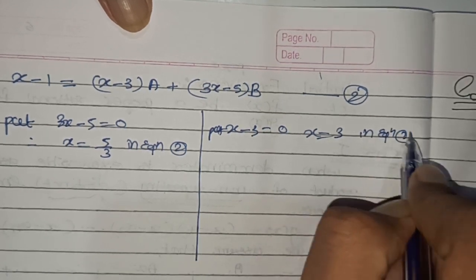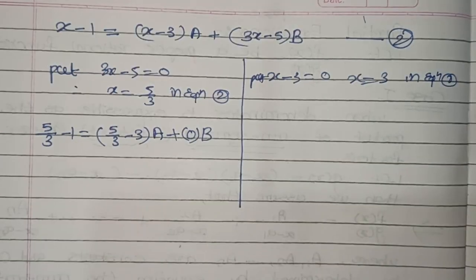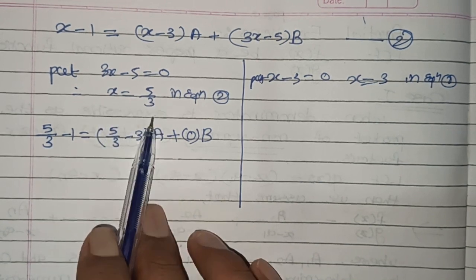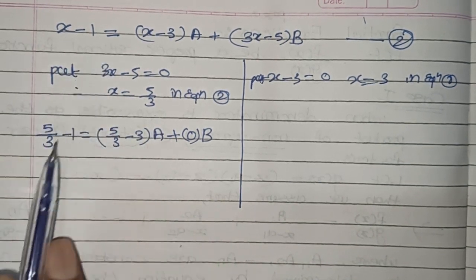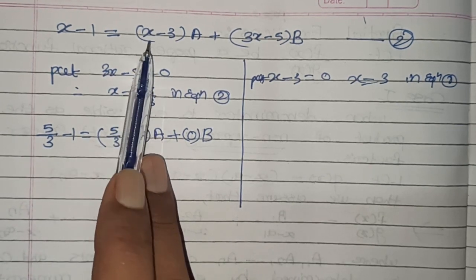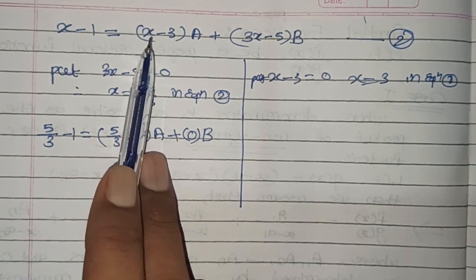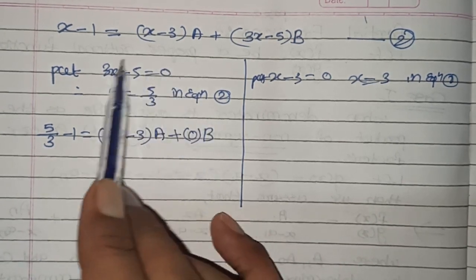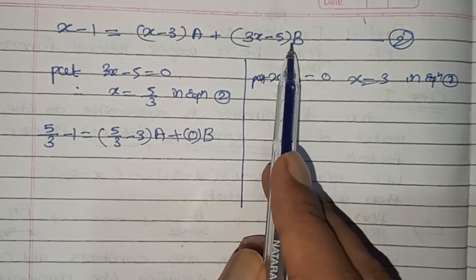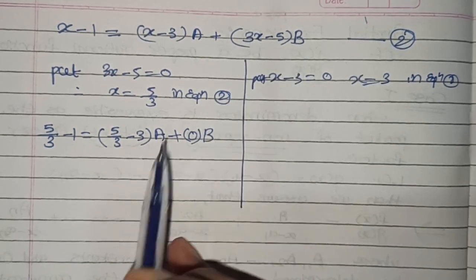First put x equal to 5 by 3 on the left hand side, so we get 5 by 3 minus 1. On the RHS put x equal to 5 by 3, so 5 by 3 minus 3 into a, plus this bracket is 0, so the coefficient of b is 0, so 0 into b.